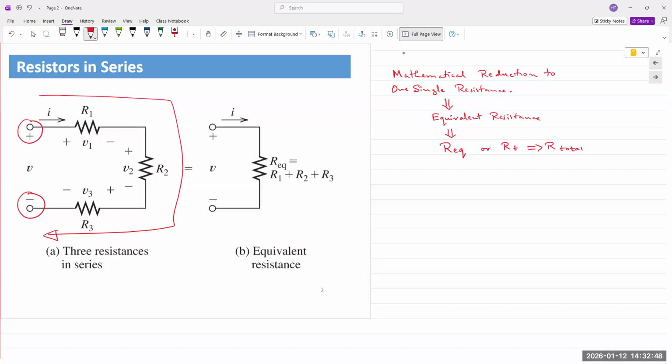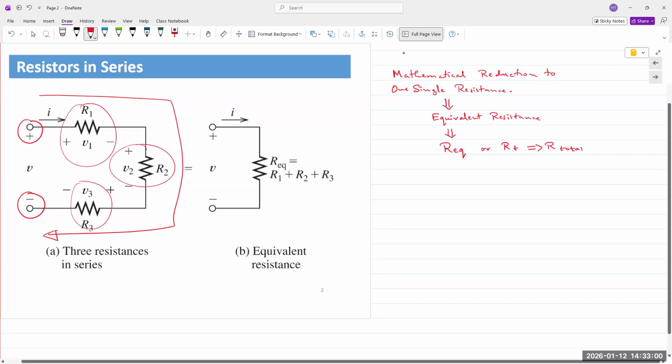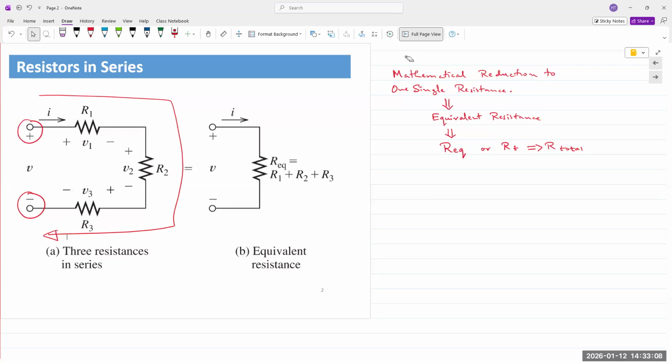There is a small derivation that we can go through where we apply KVL and Ohm's law, and you find the voltage drop across each resistor. We have V1, V2, and V3. You apply KVL: the sum V1 plus V2 plus V3 is equal to the supply voltage.